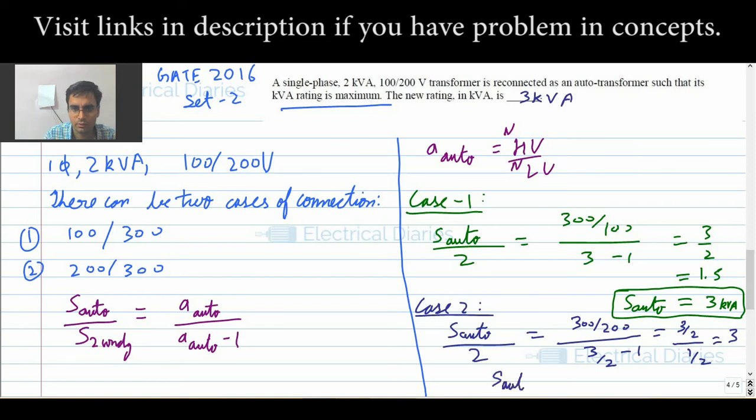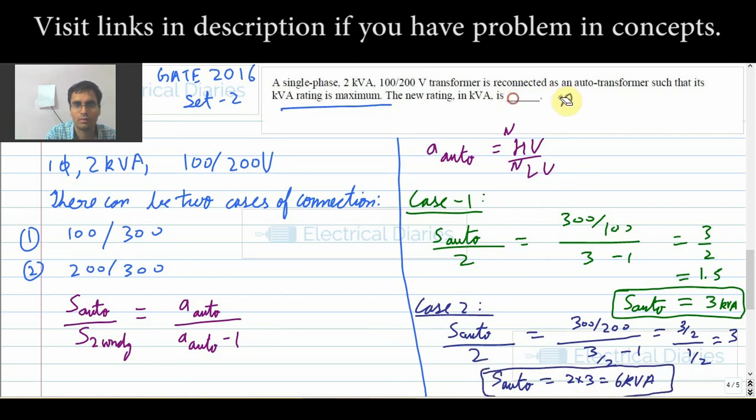So S auto will come out to be 2 into 3, that is 6 kVA. So your answer will be 6 kVA. Okay, that is how you need to solve the questions.